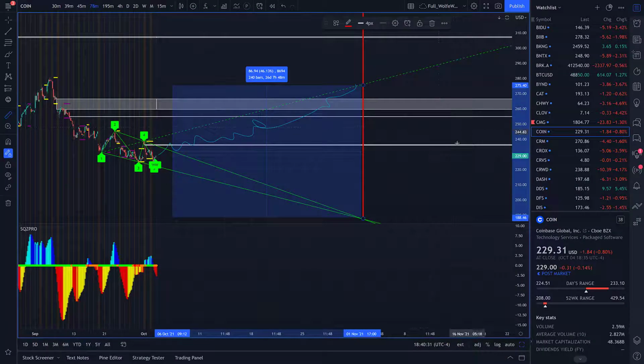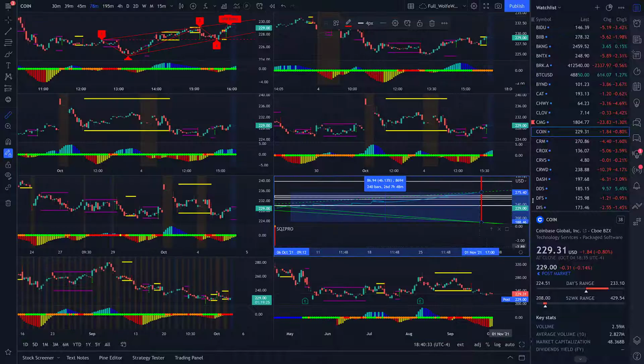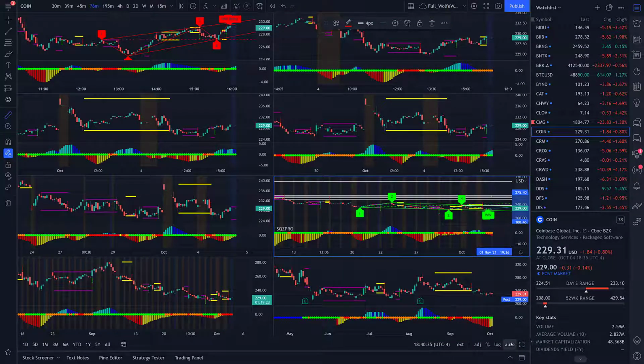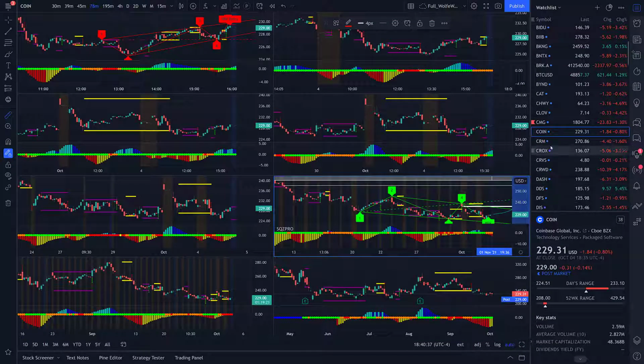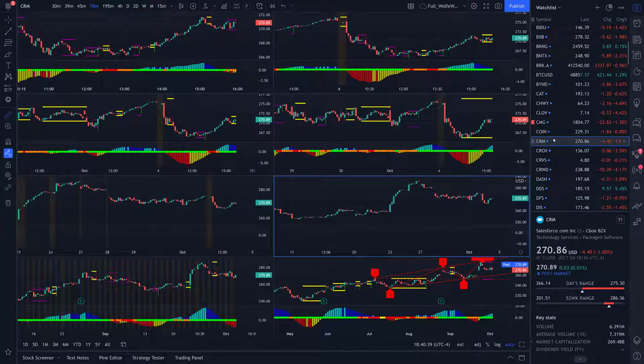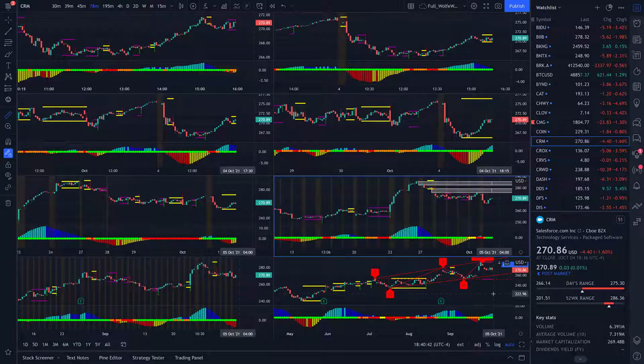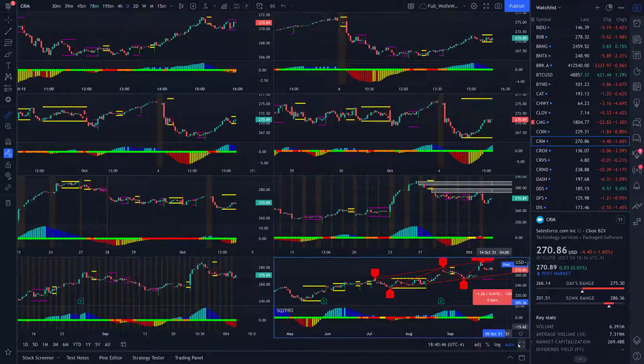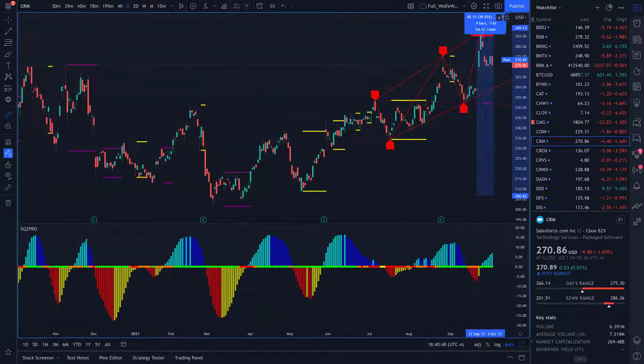Okay, so let's keep on going through these charts together. So that's COIN, CRM. So CRM, look at that. We actually now implemented a bearish wave. But keep in mind this bearish wave did give a sell signal back here last week on the daily, and lots of gaps.